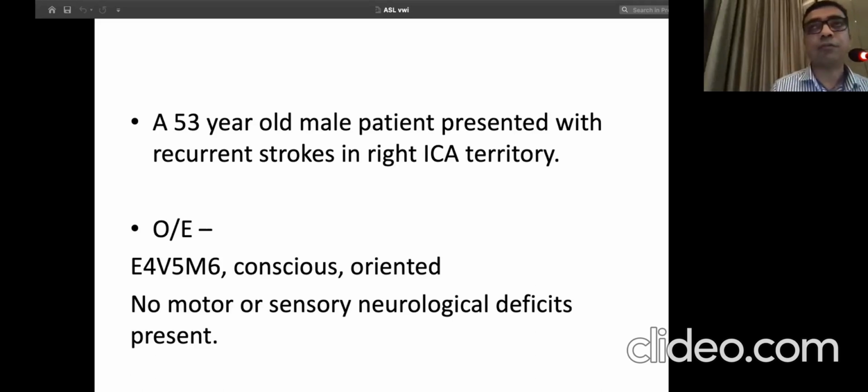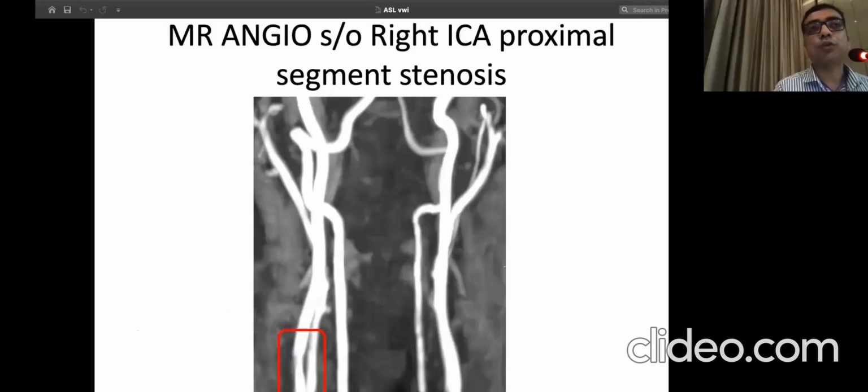The male, father of a pediatrician doctor, came to us having recurrent strokes, and the MR angio was not showing a significant lesion. He was being managed conservatively, but still had recurrent stroke. He was shifted from clopidogrel to Brilinta, ticagrelor, but still had recurrent stroke.